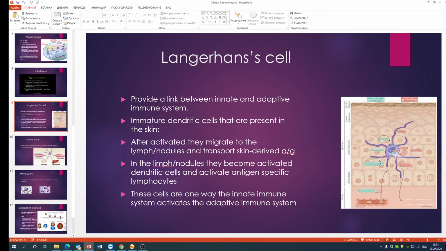In the lymph nodes they become activated dendritic cells and activate antigen-specific lymphocytes. So the innate immune system activates the adaptive immune response.